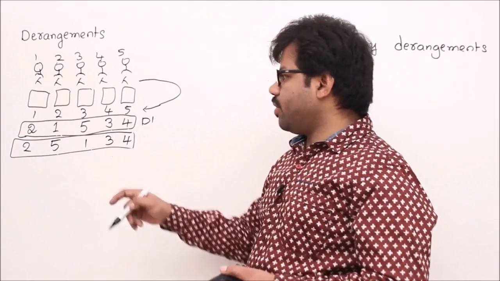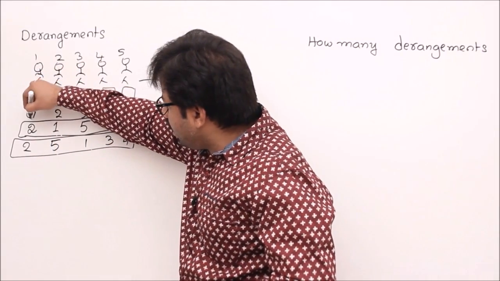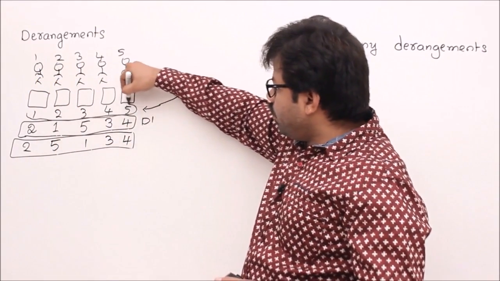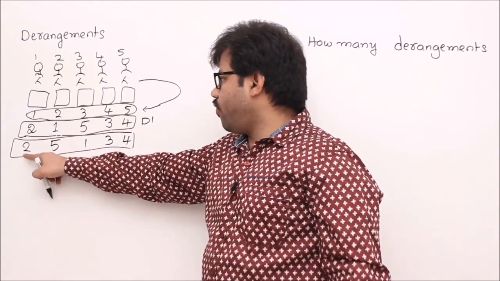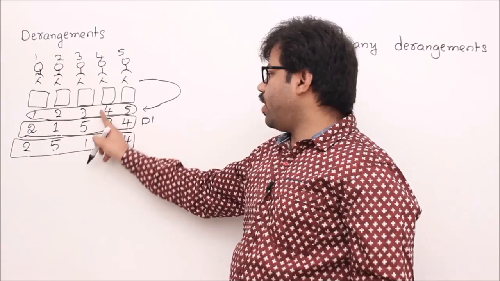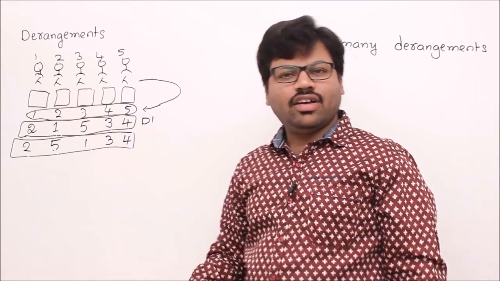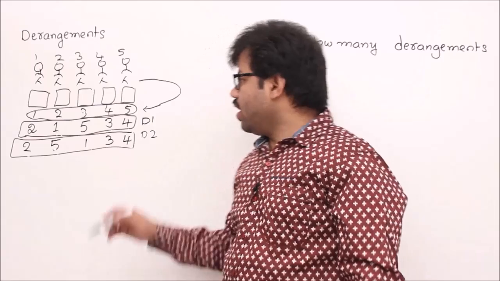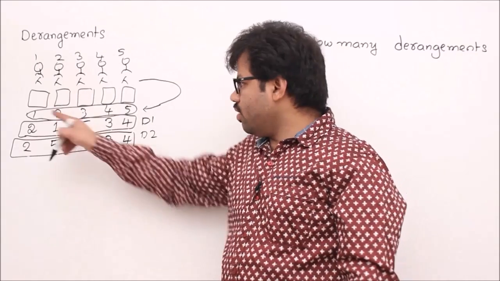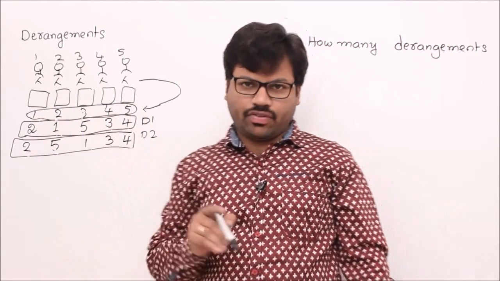Okay, this is one of the derangements. So this is our initial arrangement. With this arrangement we should figure it out. 1 versus 2 different, 2, 5 different, 3, 1 different, 4, 3 different, 5, 4 different. That's why this is one more derangement, isn't it? In that way we can have a lot of derangements for this arrangement 1, 2, 3, 4, 5.